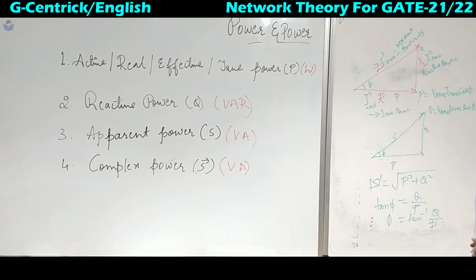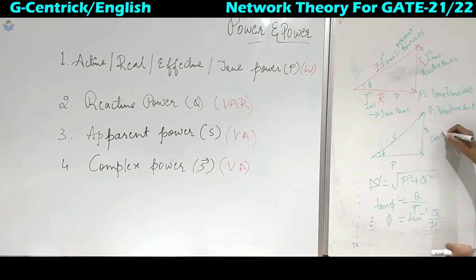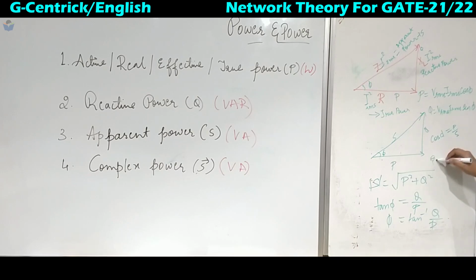Since cos phi is equal to P upon S, I can write P as S cos phi, and Q as S sin phi. This cos phi shows that S is the apparent power, the total work done, and how much actual work is done in the total power is defined by cos phi. This is one definition of the power factor.